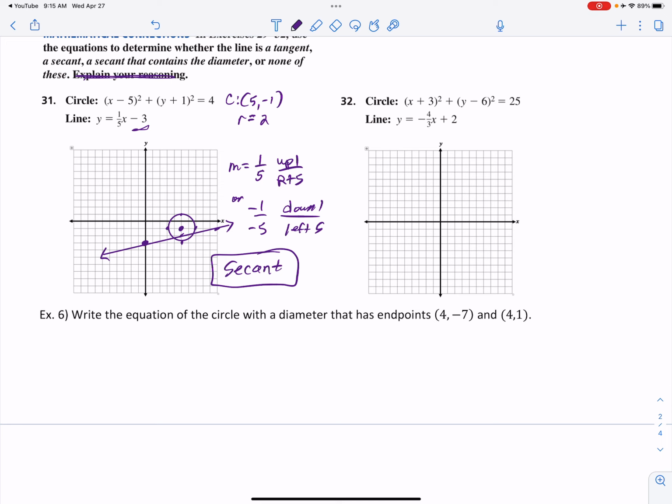Okay, example 32, center is at negative 3 and up 6. The radius is 5. And so we go left 3 and up 6. Radius is 5, so if we go up 5, you're going to be off by 1.